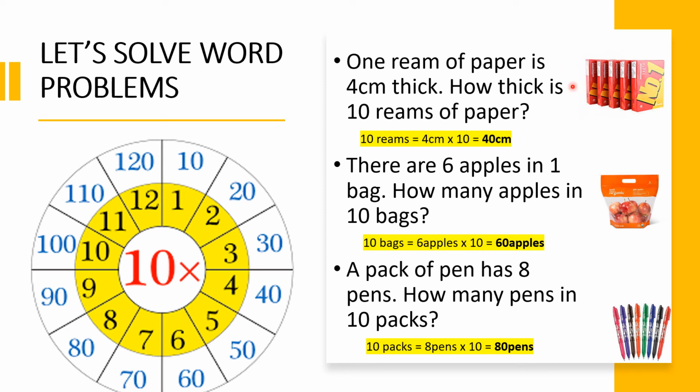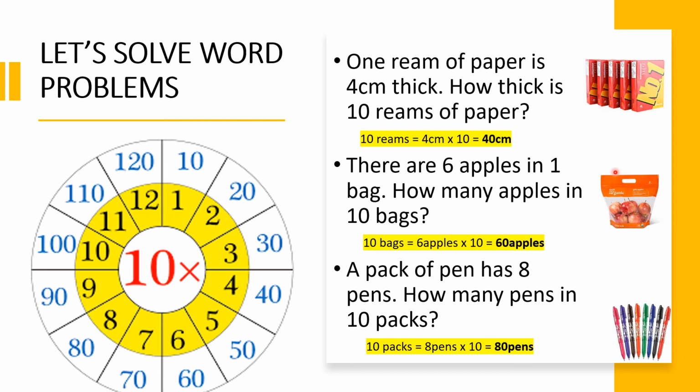Since I have 10 packs, I'll just simply say 4 multiplied by 10. So 10 reams will be 4 centimeters for just one pack, multiplied by the 10 reams of paper. I'll have 40 centimeters.